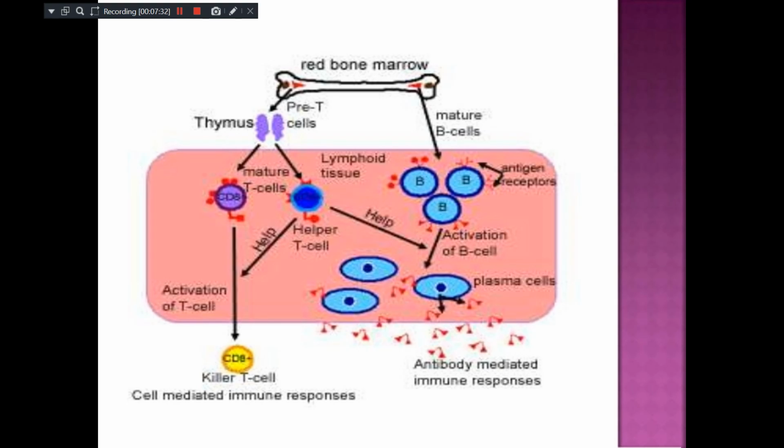Whereas if you come to the thymus derived T cells or T lymphocytes, they mature in the thymus, and when they mature, they develop into either CD8 or CD4 cells, and some of them mature into helper T cells.